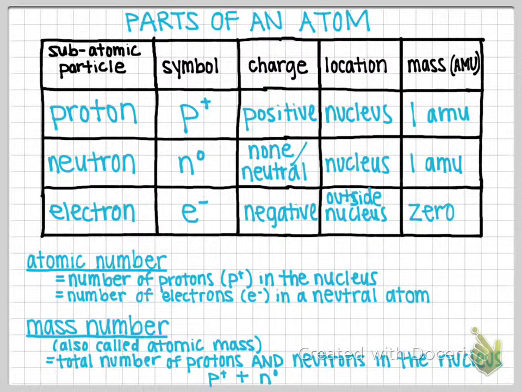The mass number, which is also called atomic mass, is the total number of protons and neutrons in the nucleus. So it is your protons plus your neutrons. That's the only thing that makes up your mass. So please remember this little equation to figure out your mass number.